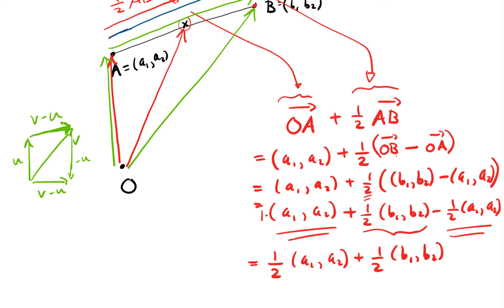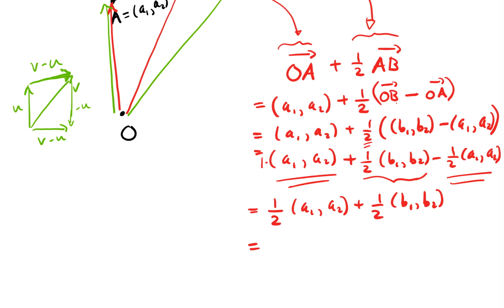I'm not doing anything with it, I'm just recopying it down. And eventually you can write it this way: a1, a2 plus b1, b2, and we can even write divided by 2 or times 1/2. So what do we get here? This is our midpoint.